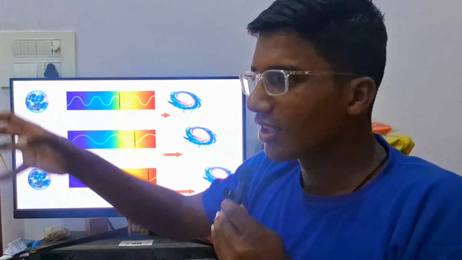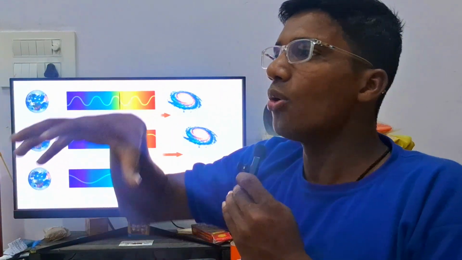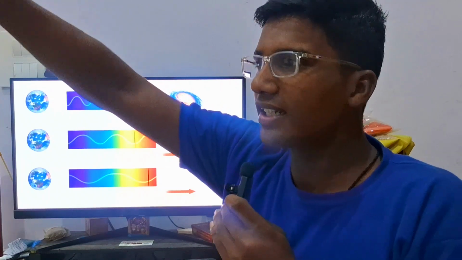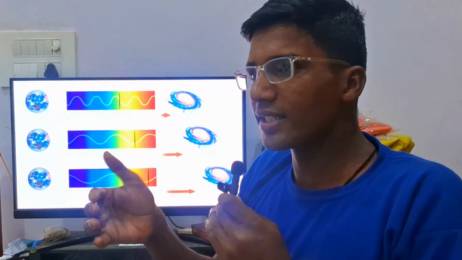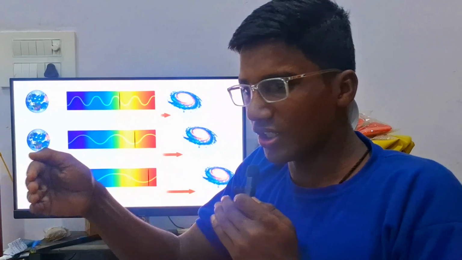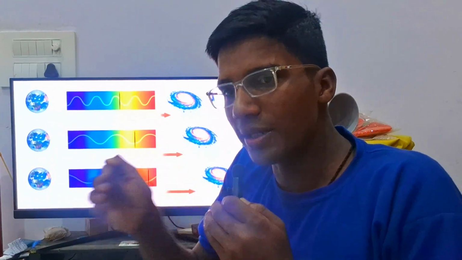That's why their colors are changed. The farther galaxies have very common colors, and the galaxies closer to us have different color combinations because of the wavelengths they are emitting. The space is stretching and the wavelengths are also stretching.